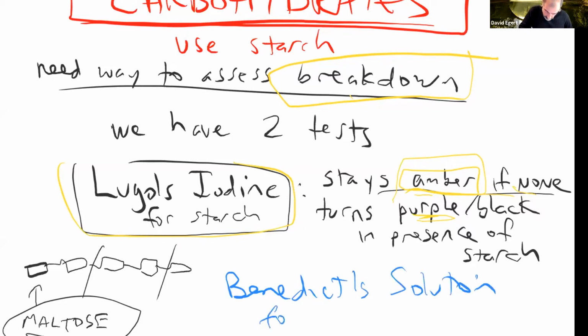Which is for maltose, or just reducing sugars. It stays blue if there's none. It turns a different color in the presence of maltose.